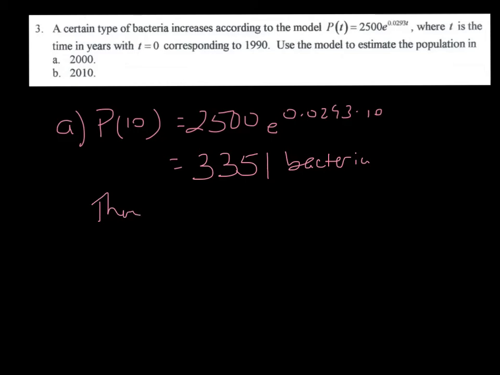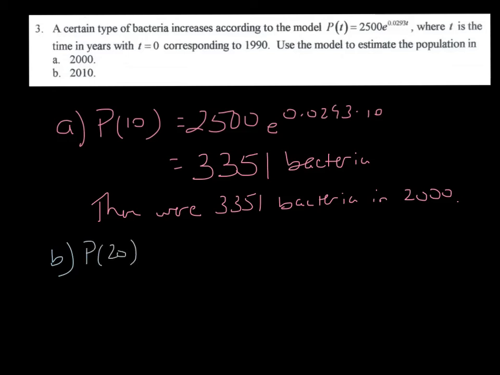So we'll write that out. There were 3,351 bacteria in 2000. Okay, part B. We want to know the population in 2010, so that's 20 years after 1990. So we find P of 20, which would be 2500 e to the 0.0293 times 20.